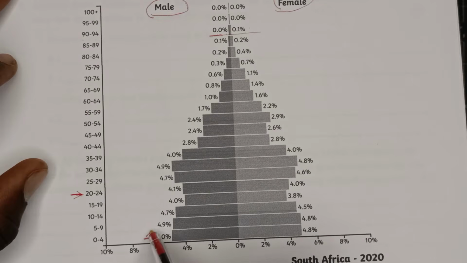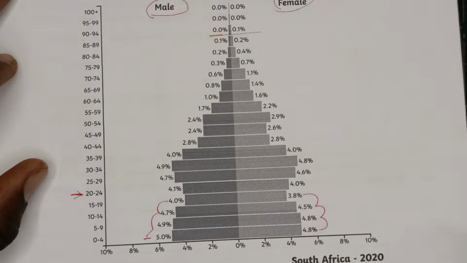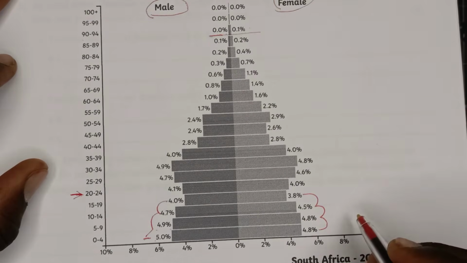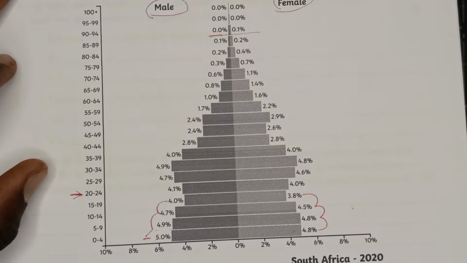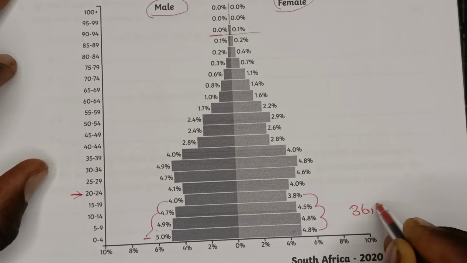So what you do, you take this percentage, you add it to this one, and this one, and this one. So you add 1, 2, 3, 4, and you come here, you add this, and this, and that. When you add these two populations, you get 36.5%.